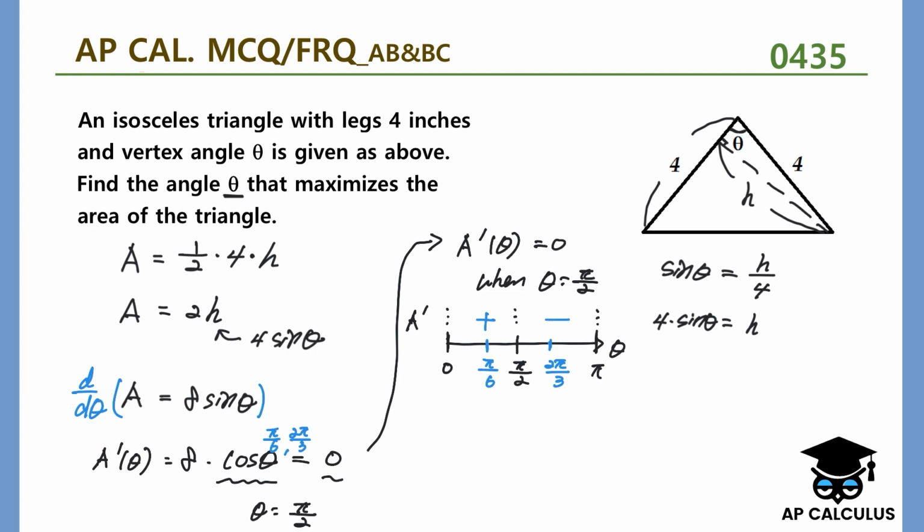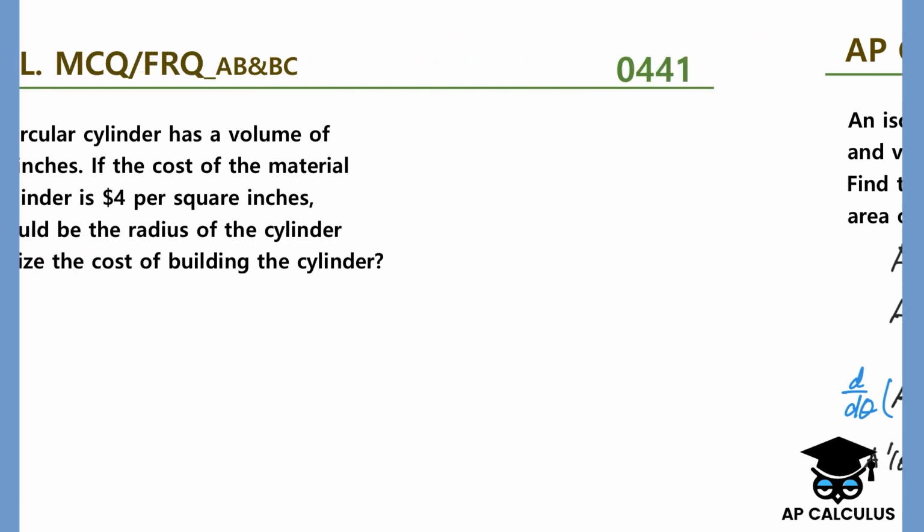So here we have negative. So area is increasing up to this point and then decreasing after that, right? So the area of the triangle is a maximum when theta is equal to pi over 2. So the answer is pi over 2.